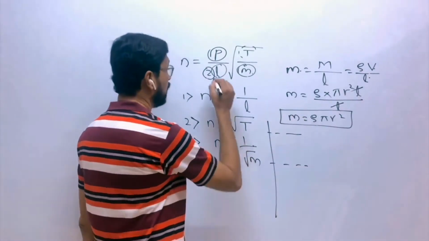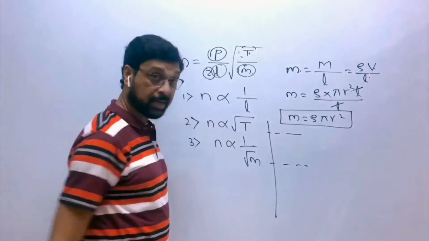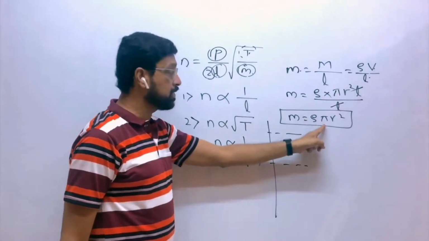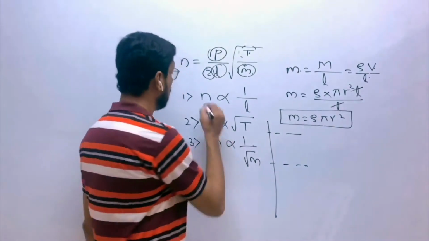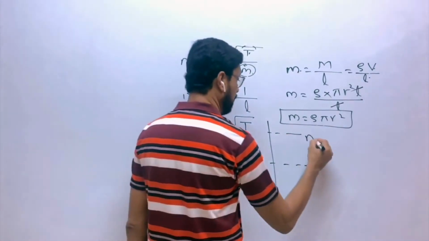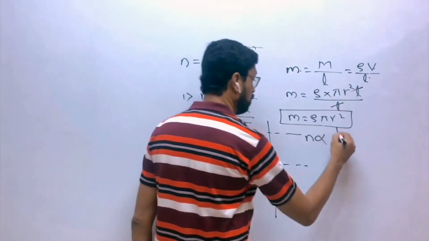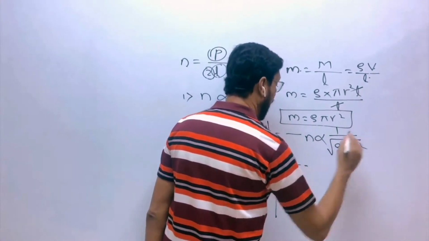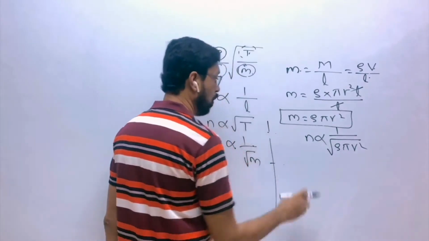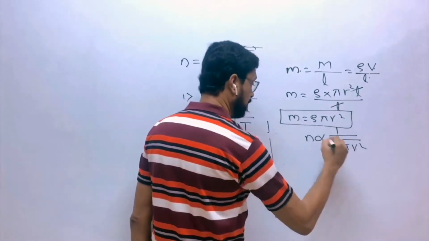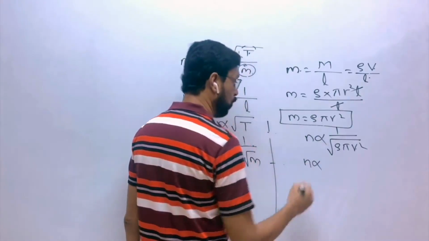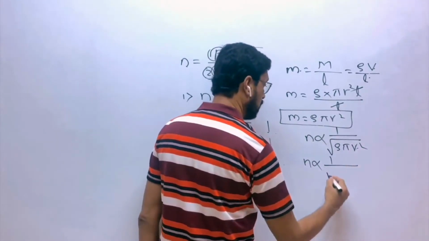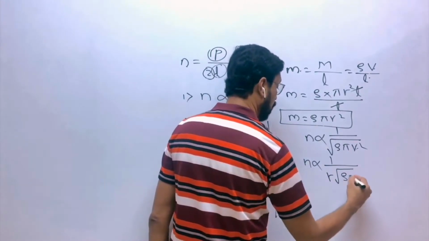So if this l and T are kept constant, these are already constant, तो m की जगह पर हम क्या लिख सकते हैं? rho pi r square. So this statement will become n proportional to 1 upon under root rho pi r square, or you can say, if you take this out, n proportional to 1 upon r root rho pi.